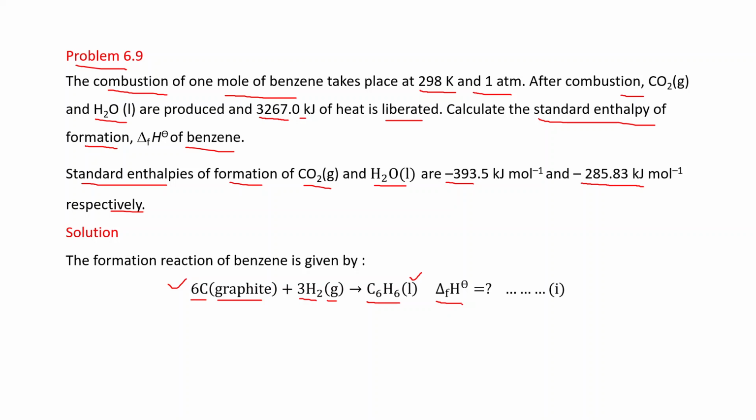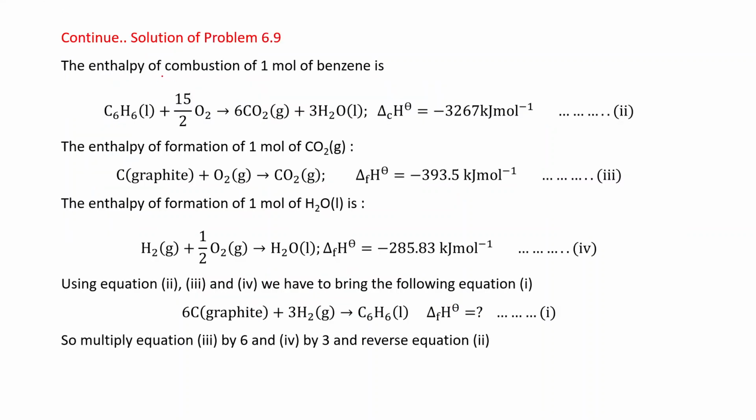We will use the enthalpy of combustion of benzene, which is given, and the standard enthalpy of formation of CO2 and H2O, which are given to us. That's why first of all we write the equations for these processes. The enthalpy of combustion of 1 mole of benzene: when any substance undergoes combustion, it reacts with oxygen, and this is a hydrocarbon, so carbon dioxide and water are always produced.